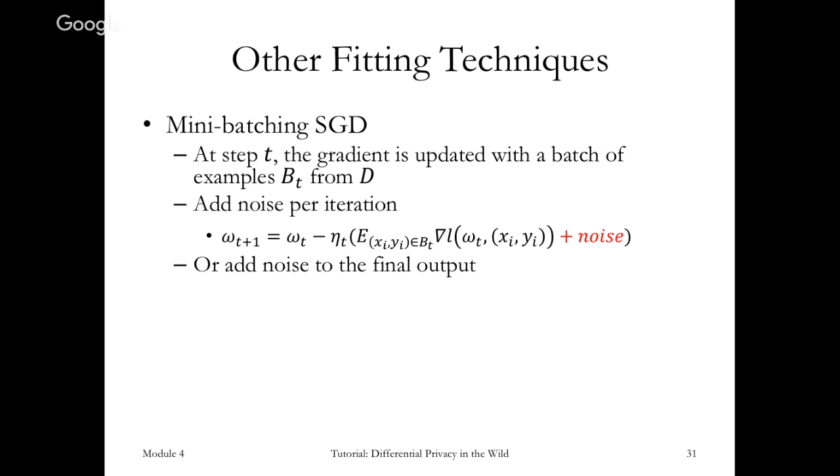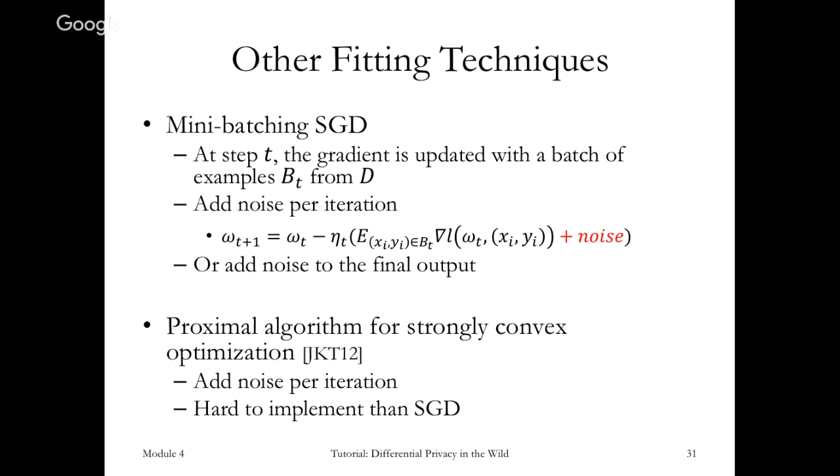So both the white box approach of adding noise per iteration and adding noise to the final output can be applied here. Another fitting technique is called proximal algorithms, also designed for strongly convex optimization. For that piece of work, they add noise per iteration, there's no analysis of the L2 sensitivity, and it's harder to implement than the stochastic gradient descent method.